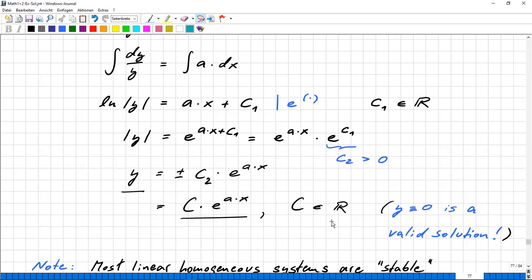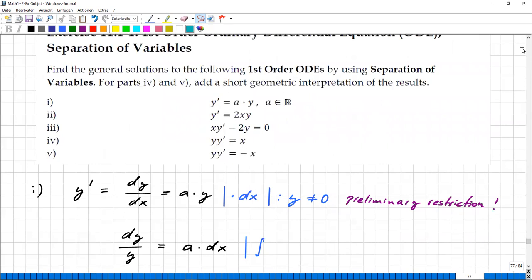But now we go back to our preliminary restriction where we said y must not be 0. But if this constant would be 0 anyway, if we just allow it, then we get y equals 0 even strongly, which means y is the 0 function. So y equals 0 for all values of x. And now the question is, is this a valid solution of the differential equation or is it not? If you go back here to see, inserting y equals 0 as the 0 function here, we get a times 0, which is still 0 for any value of x.